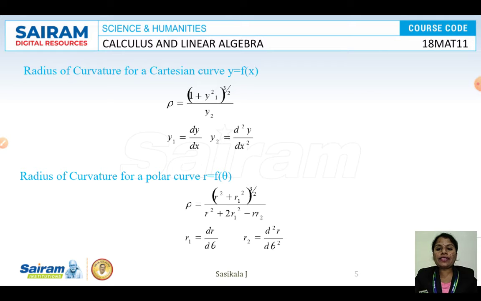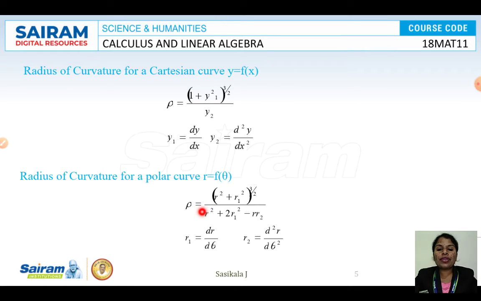The formula for the Cartesian form: rho is equal to (1 plus y1 squared) whole power 3 by 2, divided by y2, where y1 is the first differentiation dy by dx, and y2 is the second differentiation d squared y by dx squared. Next is the radius of curvature of the polar curve r is equal to f of theta, in polar coordinates r and theta, as we have studied.